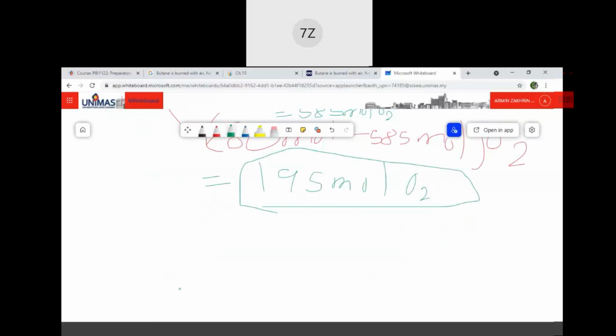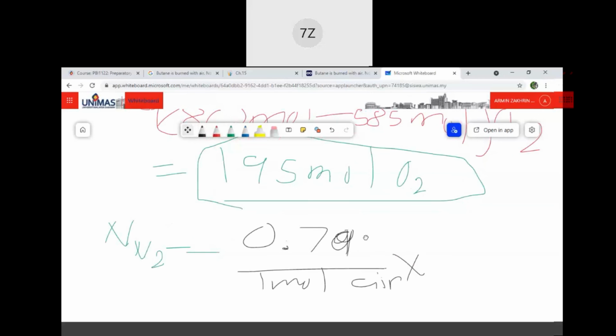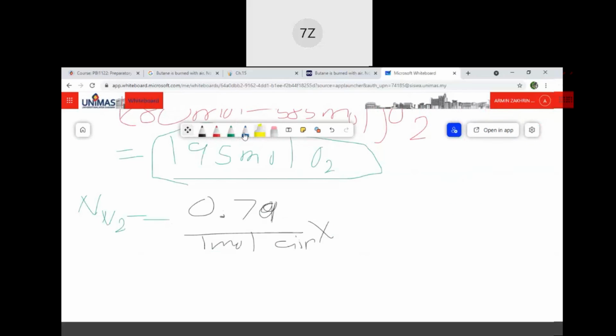Okay, next we need to find the number of mole of N2. The number of mole of N2 is from the percentage given, 0.79 over 1 mole of air, excess air, times the total amount of excess air given from the beginning, which is 3174 mole.